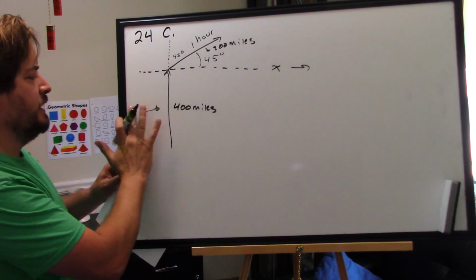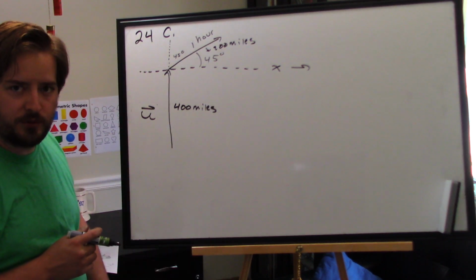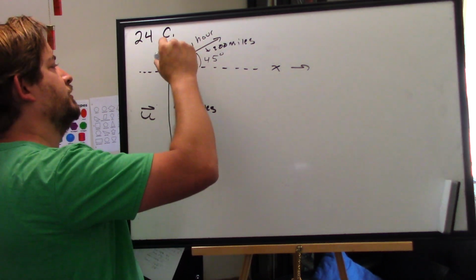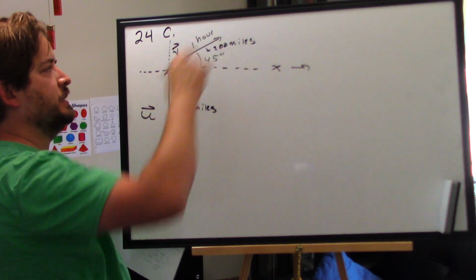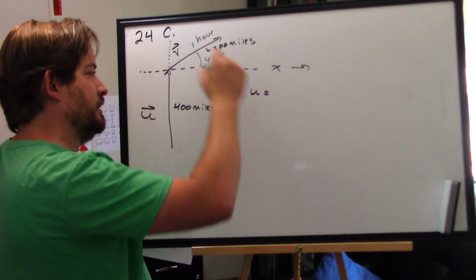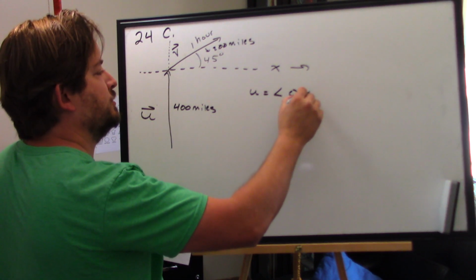So I've got two things here essentially. I've got vector u, if you want to call it u, that's the very first distance she flew, and then I've got this vector v where she turned and then went further. Vector u, since it's completely in the north or the positive y direction, has a vector of 0, 400.